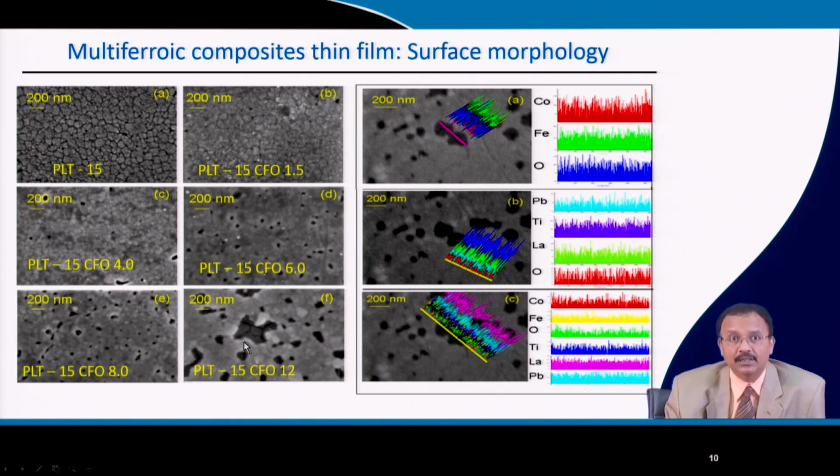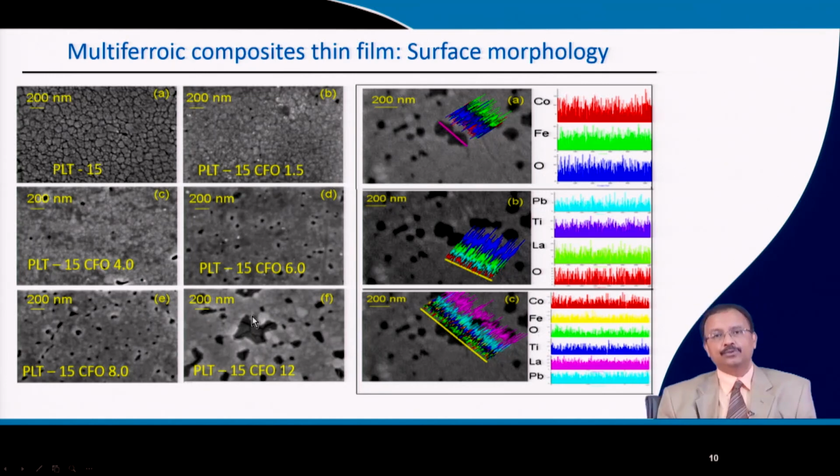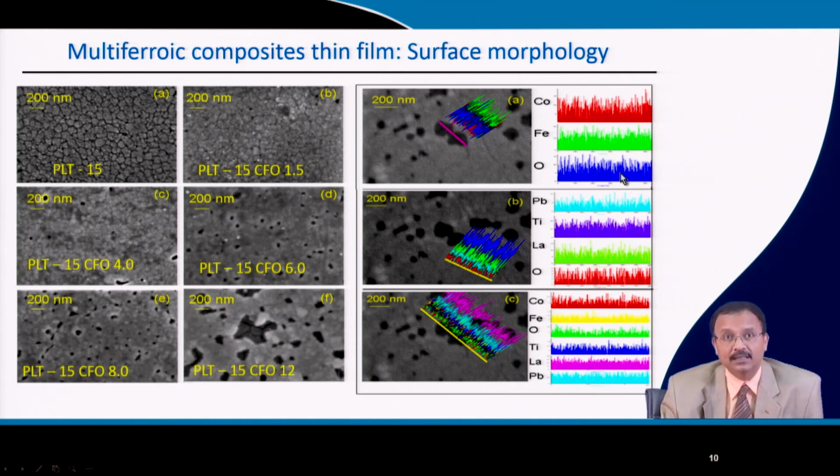So, how do you know that this one is cobalt iron oxide and this one is your ferroelectric material? In order to do that, as I taught, by the way, these are actual surface morphology images from scanning electron microscopy of this composite film, and then you can do the EDS analysis.